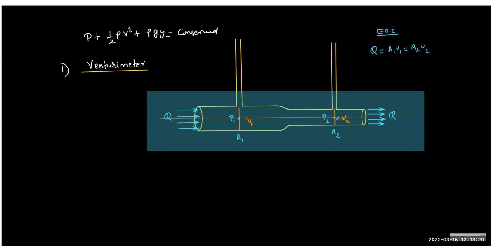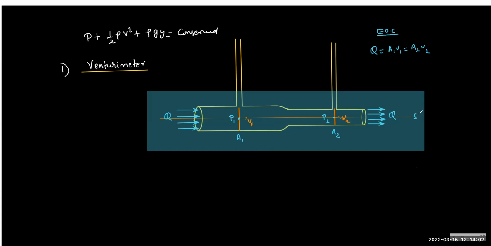Out of P1 and P2, which should be bigger? P2 or P1? Why will P1 be bigger? If the kinetic pressure is more, then this must occur at the expense of a loss of static pressure. If the sum is going to be constant, and if you increase one term, the other term must decrease, isn't it?